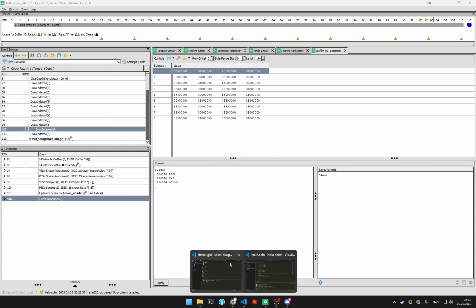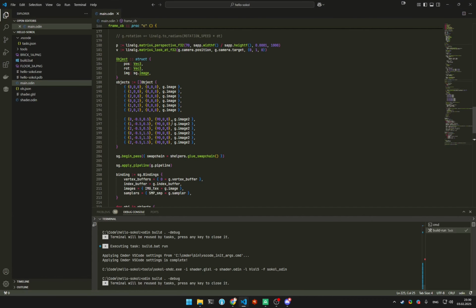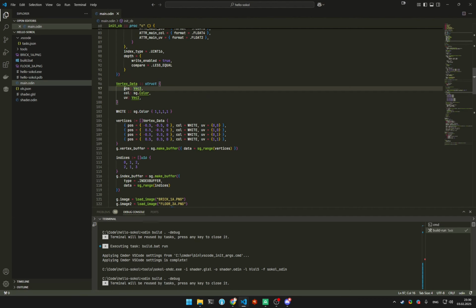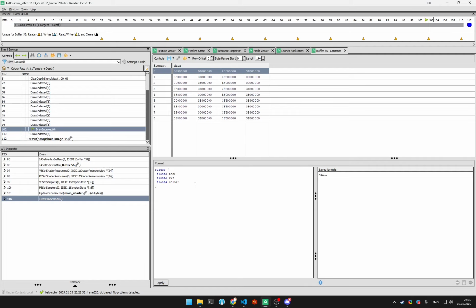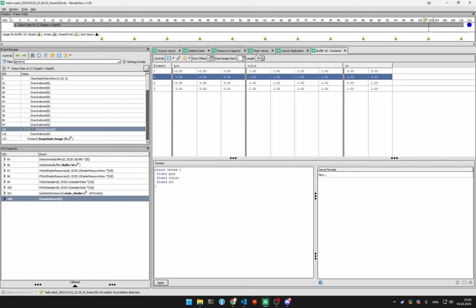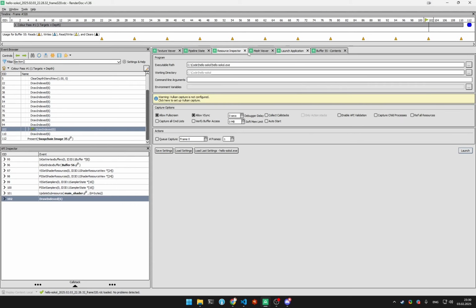Is it our vertex data structure? I don't remember already. I believe so, right? So position, color, and then UV. So if you do it like this here as well, and then apply, and I guess it needs a name like vertex, and then apply, we can actually see it as a table with all the data correctly parsed. This is really nice to see if there are some really weird problems in your application.